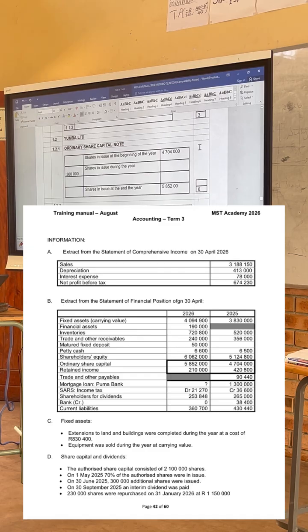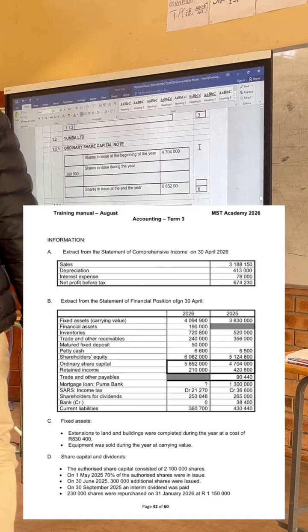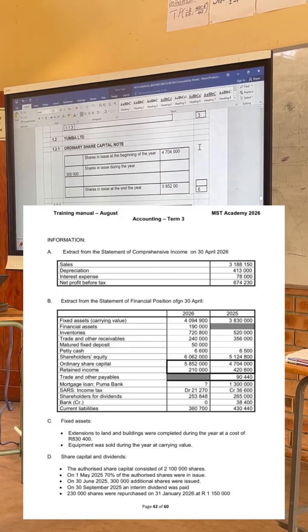Then we have shares issued during the year. And then we have a space.